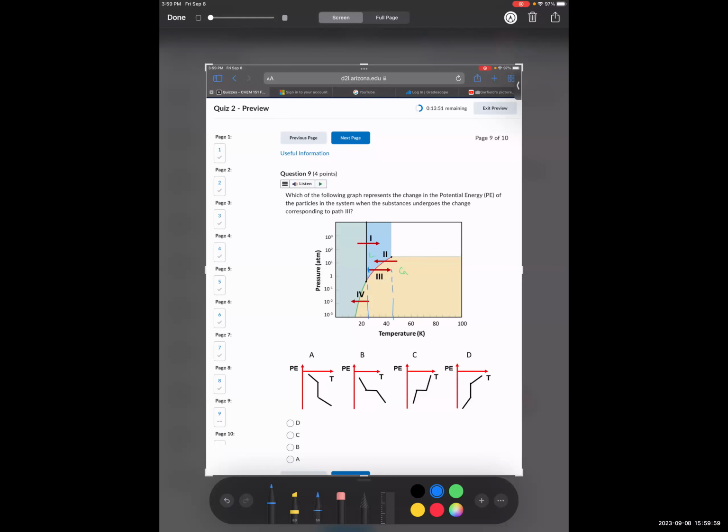Because at lower temperatures you should have a lower potential energy, options B and A are out because they show a higher potential energy at lower temperature. So that's impossible. Between C and D, in C the potential energy remains the same as temperature increases in this region. That is not possible.